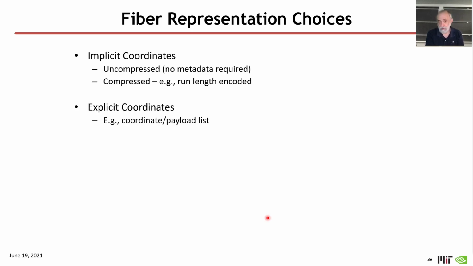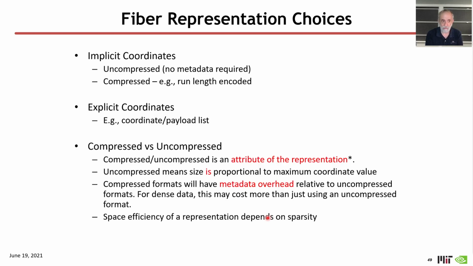On the other hand, you can have representations where the coordinates are explicit, like in the coordinate payload list that we described before. Another choice you have is: is the data compressed or uncompressed? In this case, I'm using compressed or uncompressed as an attribute of the representation, where uncompressed means that the size is proportional to the maximum coordinate value.